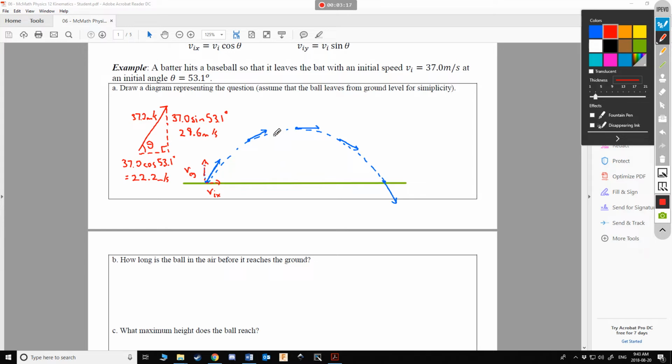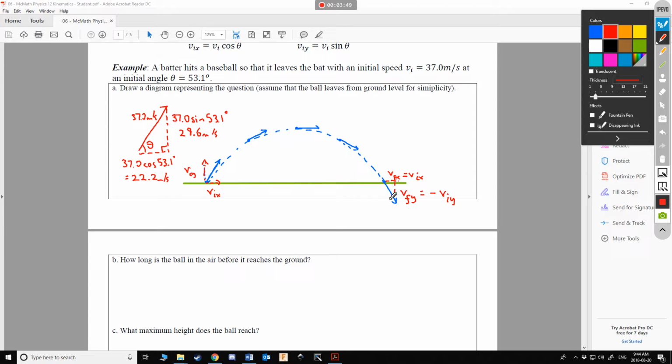Make sure that you are in degrees, not radians. Because of symmetry of a parabola, this point, for example, is also going to have an x and y component. Again, our v final x is equal to our v initial x, because remember, there's no acceleration in the x direction. And in our y direction, because of symmetry, v final y is equal to just the negative of v initial y.